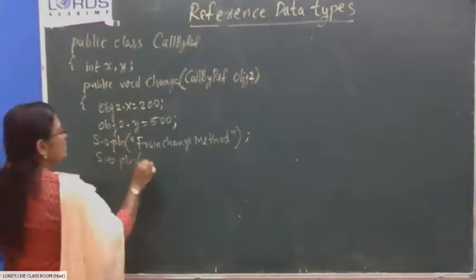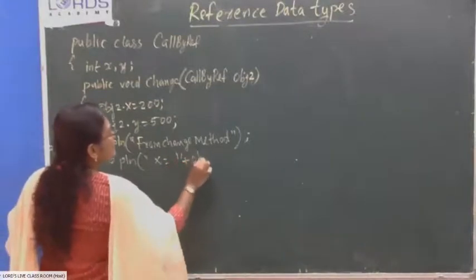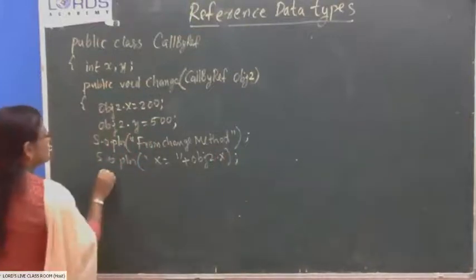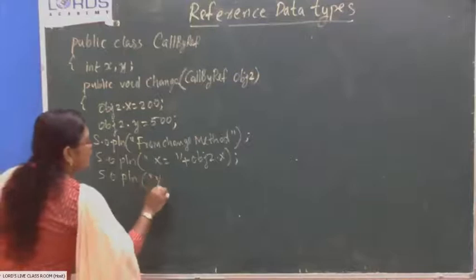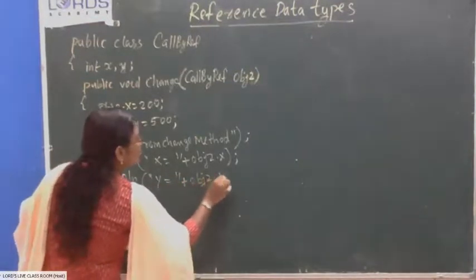System.out.println x equal to obj2.x. System.out.println y equal to obj2.y.